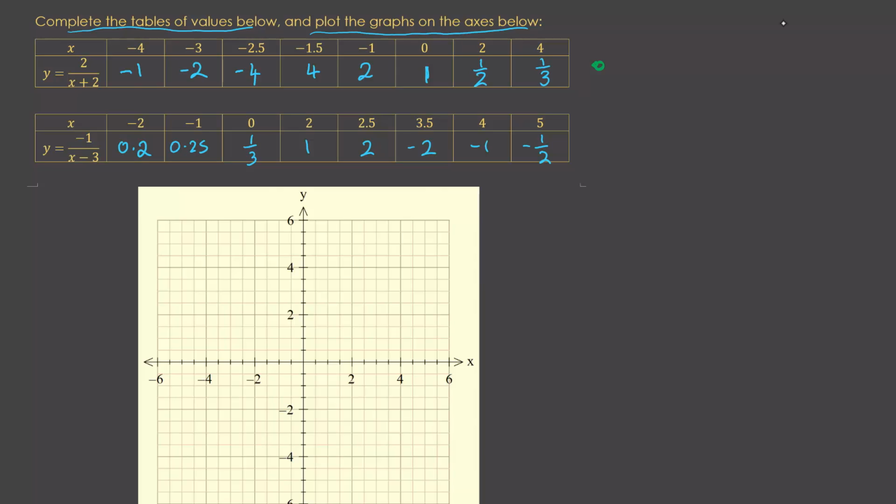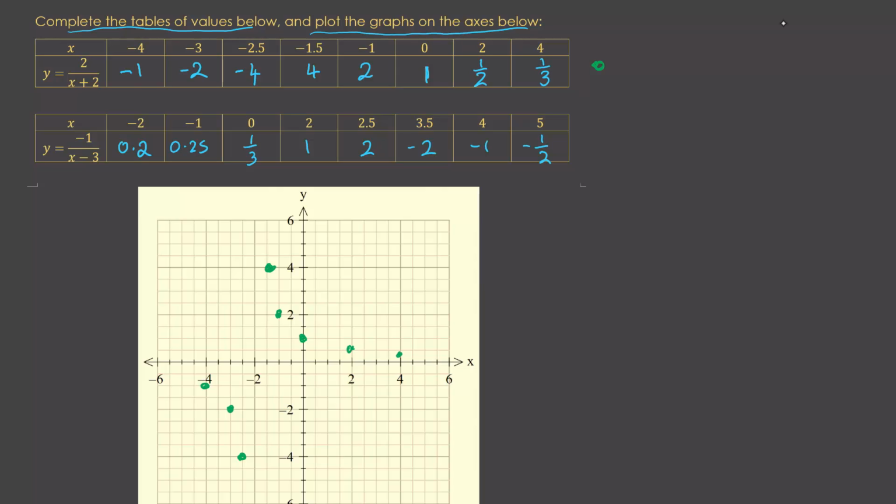So I've got -4, -1. -3, -2. -2.5, -4. -1.5 is 4. -1, 2, 0, 1, 2, 1/2, and at 4 it's 1/3.